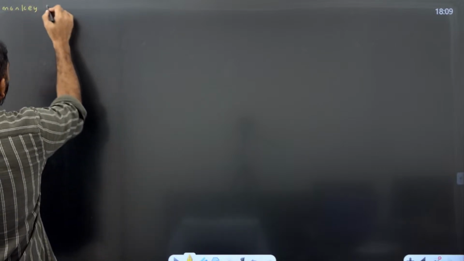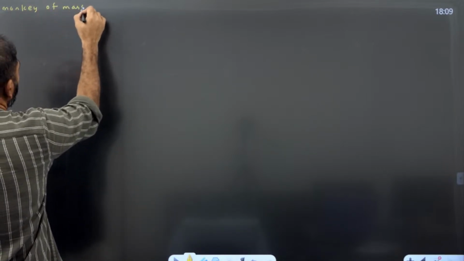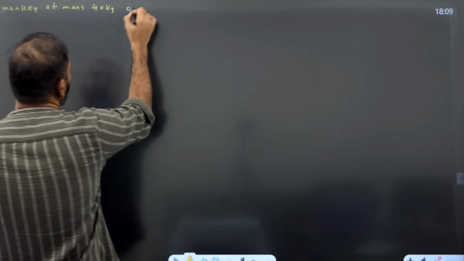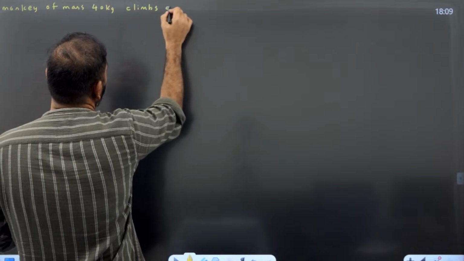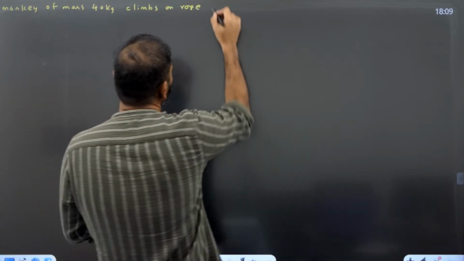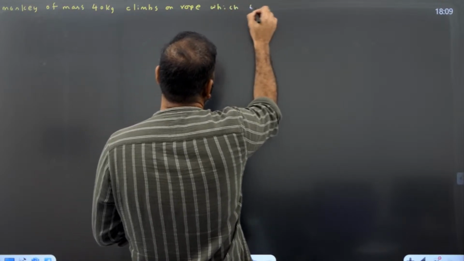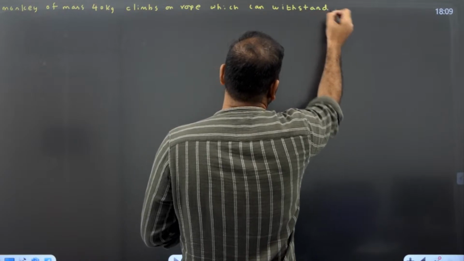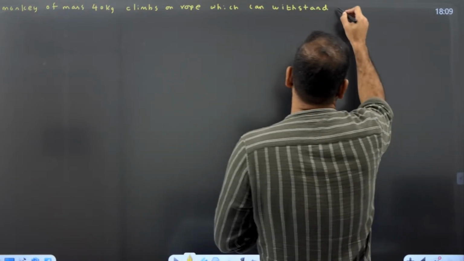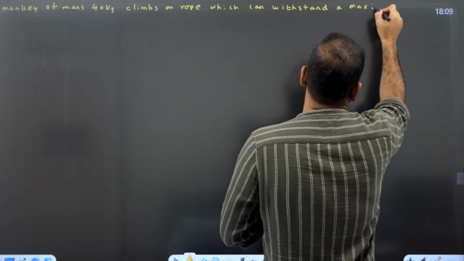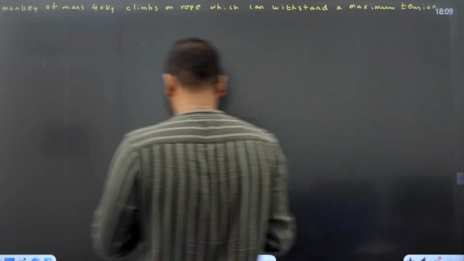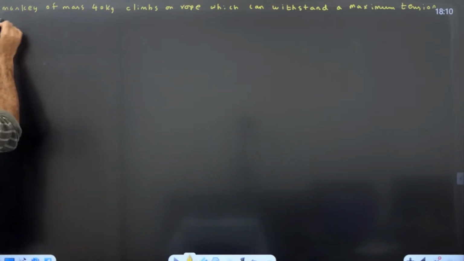A monkey of mass 40 kilogram climbs on a rope which can withstand a maximum tension of 600 Newton.